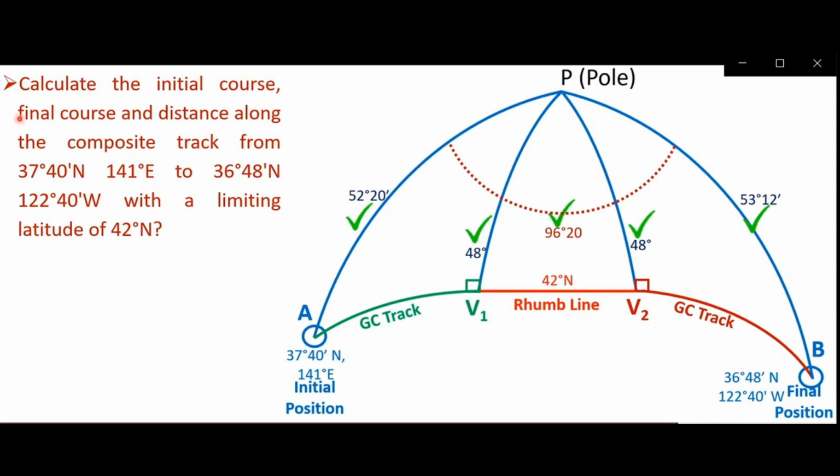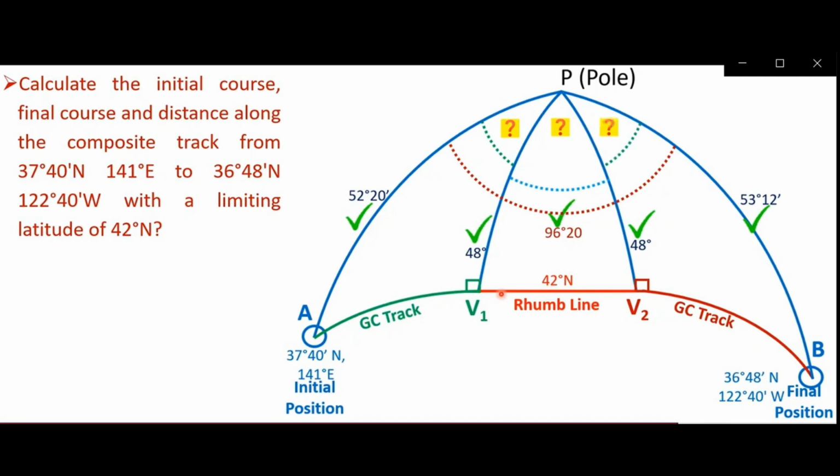So now what we have done is we have marked the parts which are available to us. And using the two right angle triangles, now let us also identify what all we are going to calculate. We can calculate this angle. This will be D long between meridian of A and meridian of V1, and that can help us in finding the longitude of V1, whose latitude is already known.